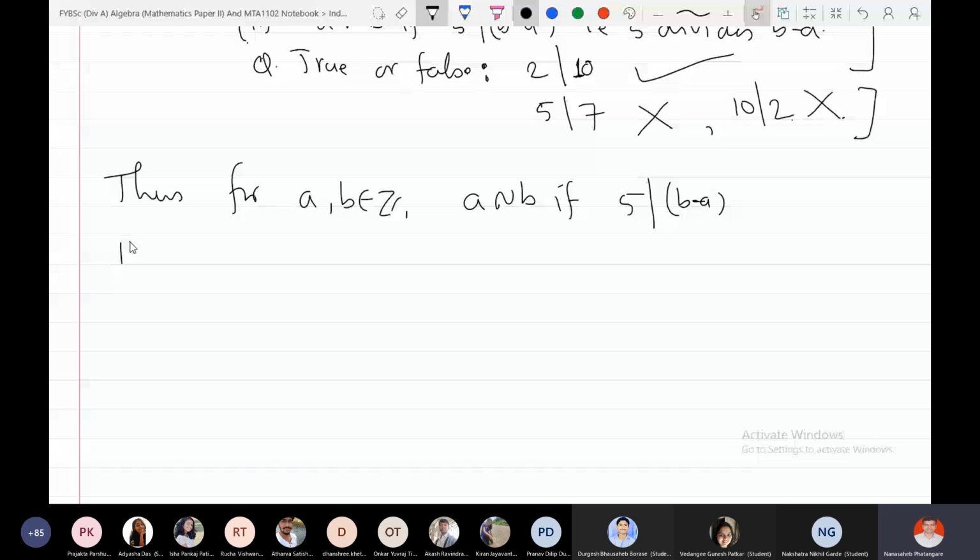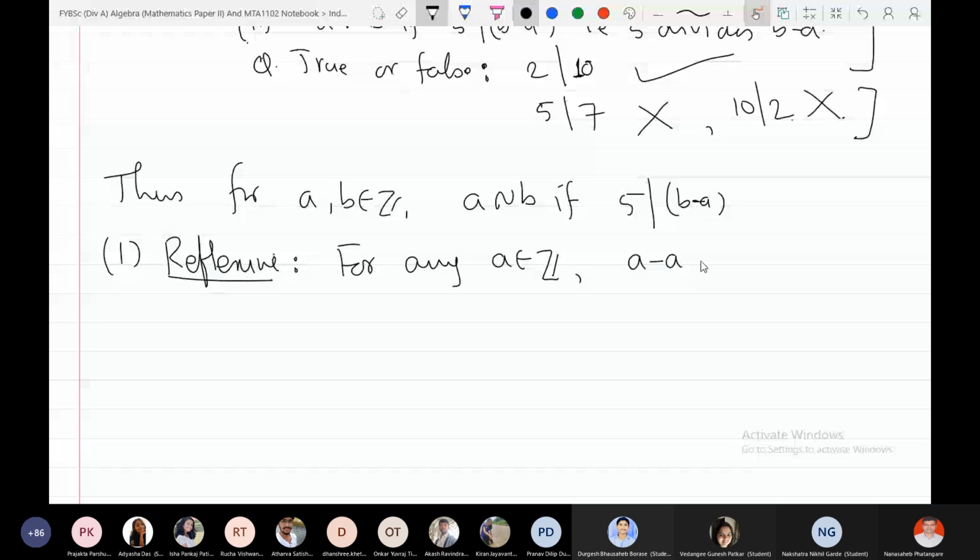Now, first, is this relation reflexive? So, for any integer, what is a minus a? It is 0. And 5 divides 0.